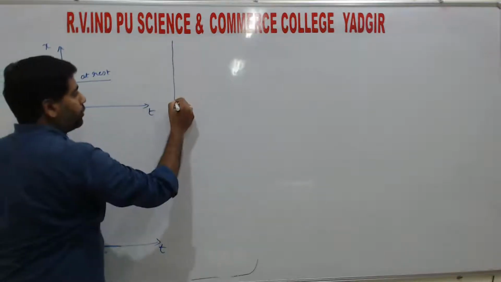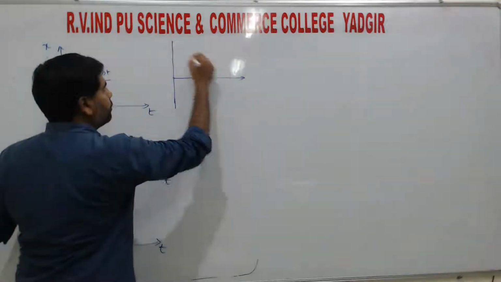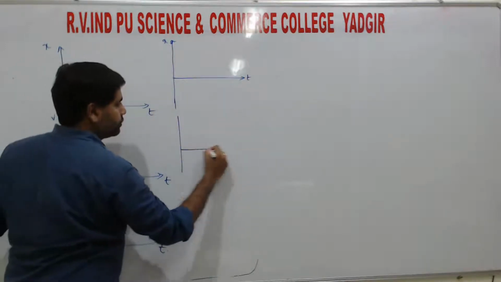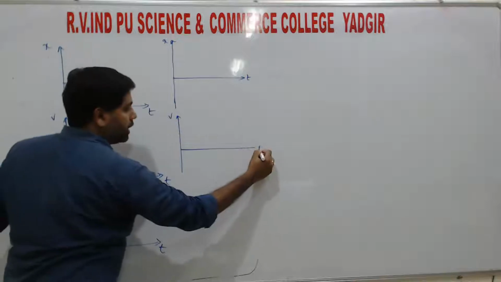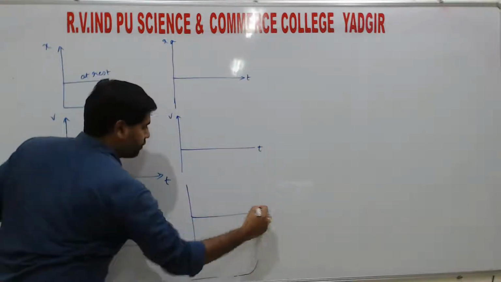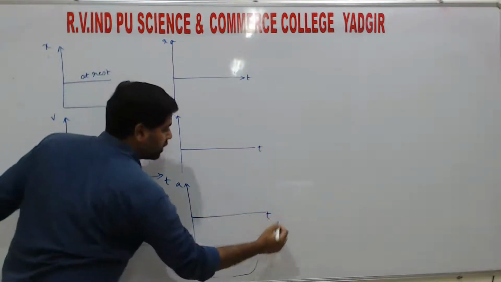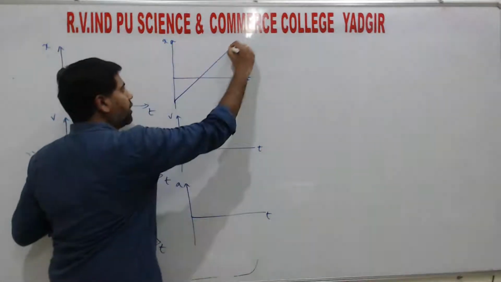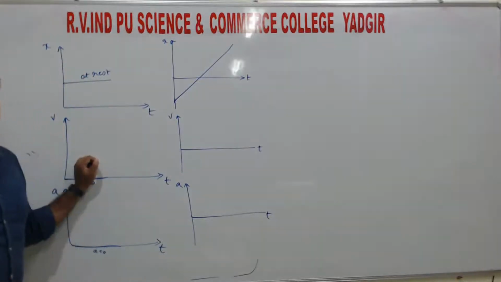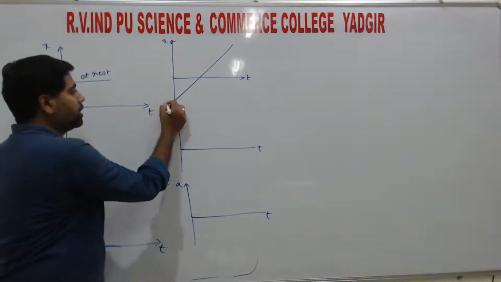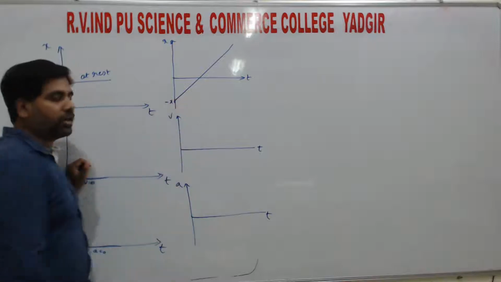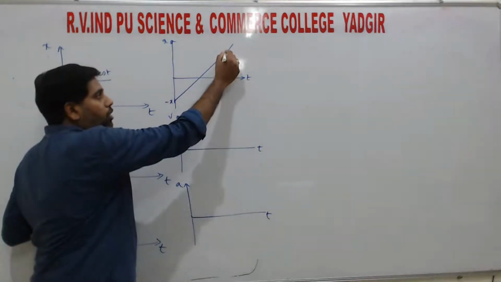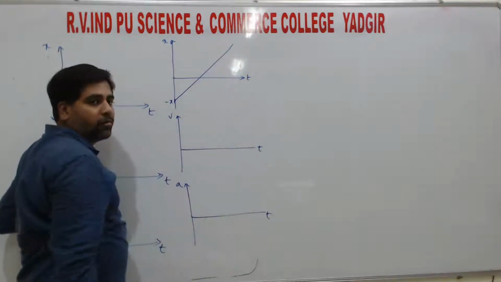Next. XT, VT, AT, right? So if the object starts from negative displacement, we get the equation like this. That is, a straight line starts from negative displacement, right? So here we have minus x. So if we plot the slope, at any point we get positive slope.